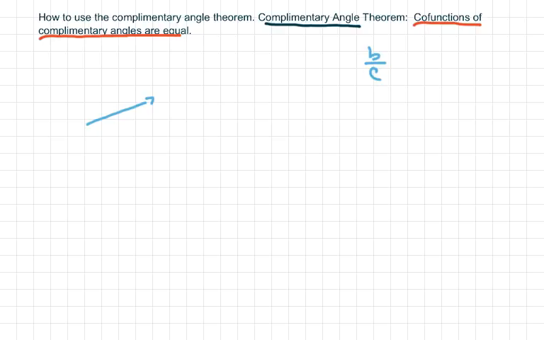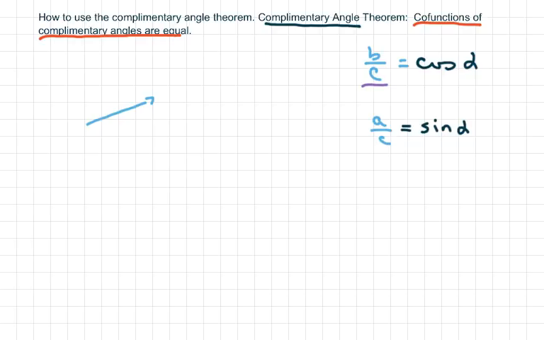Well, this actually equals cosine of alpha, because cosine of alpha is adjacent over c, so that would be b over c. So they're the same value. And similarly, cosine of beta is going to be a over c, which actually equals sine of alpha.